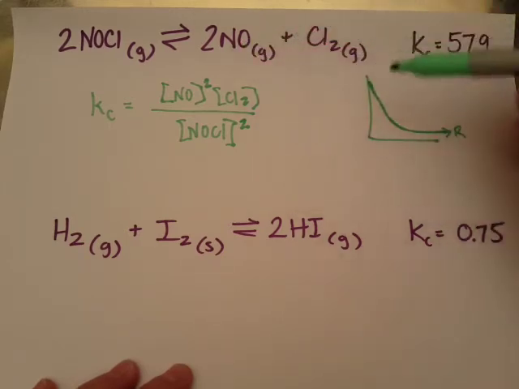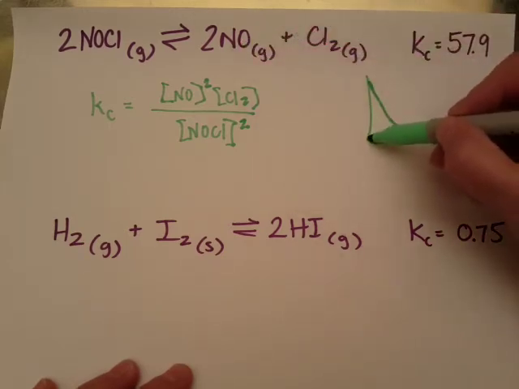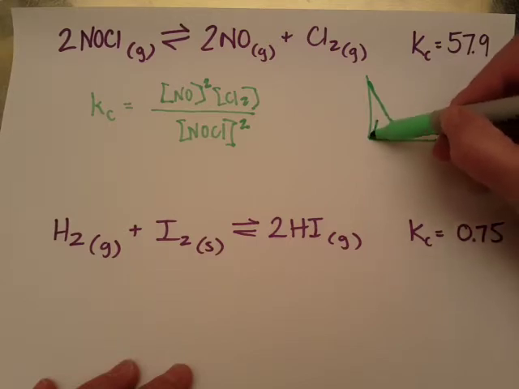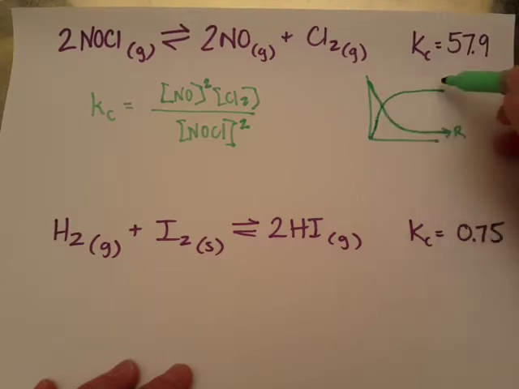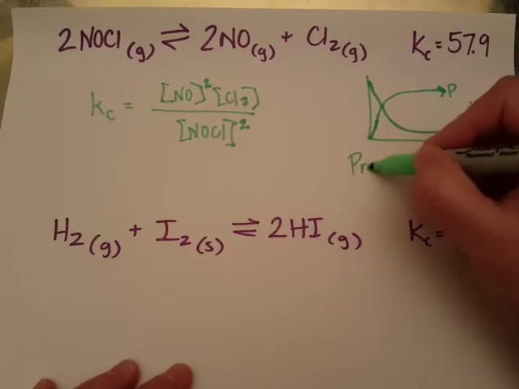And then the nitrogen monoxide and the chlorine gas would be created and then even out. And so at equilibrium, we would see that there would be more products than there are reactants. The way we know that is because the Kc value is greater than 1. So when that is the case, we're going to have more products than reactants. So products are favored.